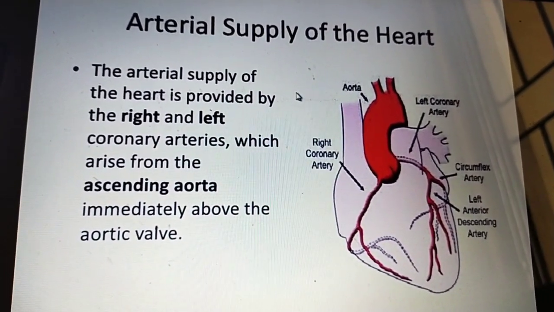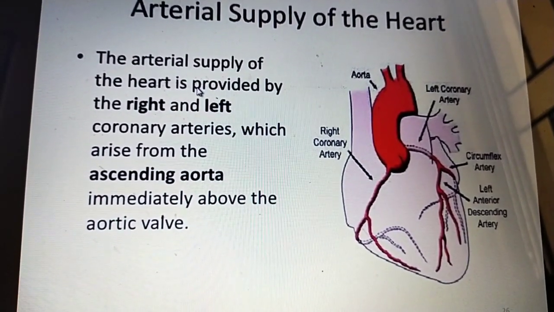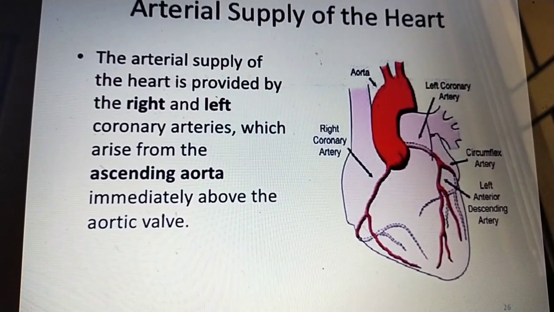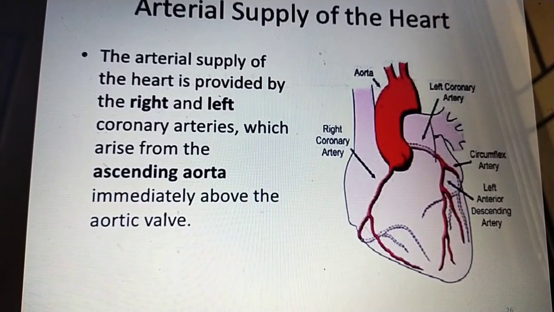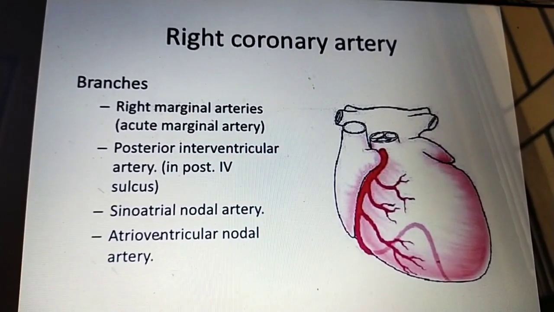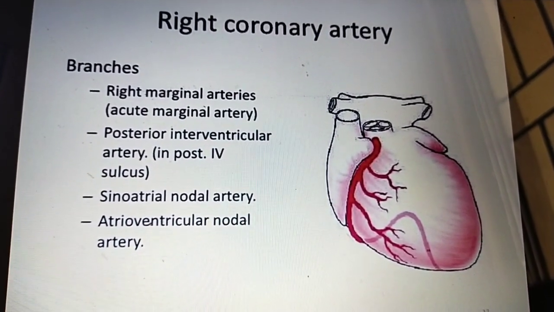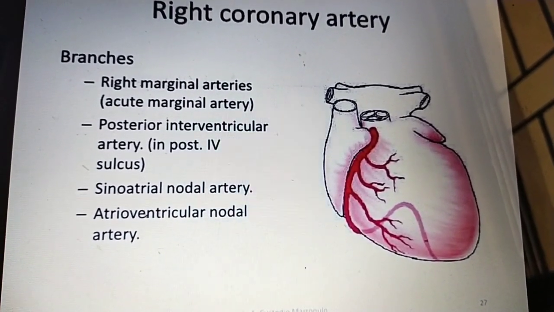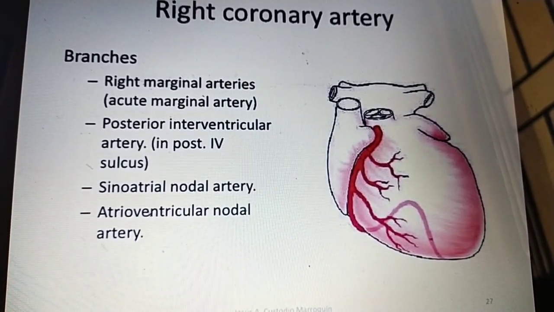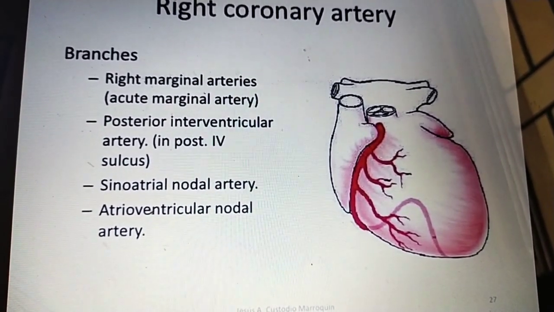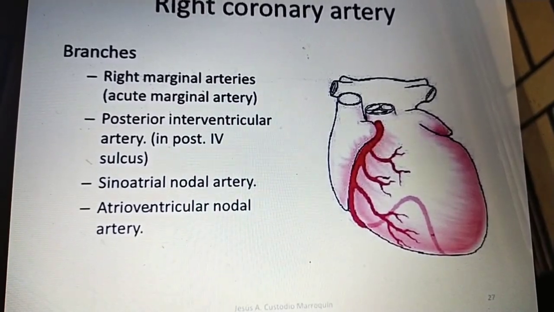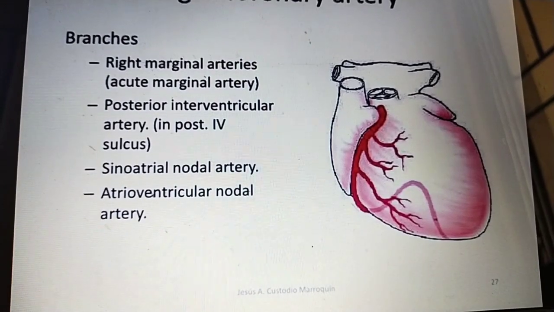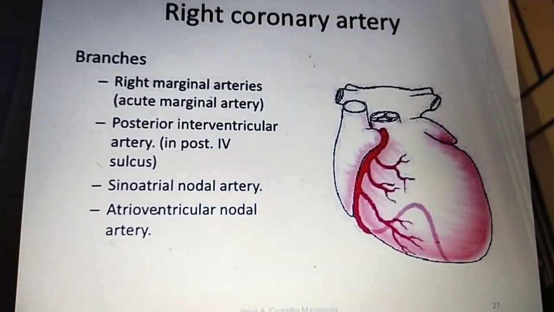Now arterial supply of the heart. The arterial supply of the heart is provided by the right and left coronary arteries, which arise from the ascending aorta immediately above the aortic valve. The branches of the right coronary artery are the right marginal artery or acute marginal artery, posterior interventricular artery present in the inferior posterior interventricular sulcus, sinoatrial nodal artery, and atrioventricular nodal artery.